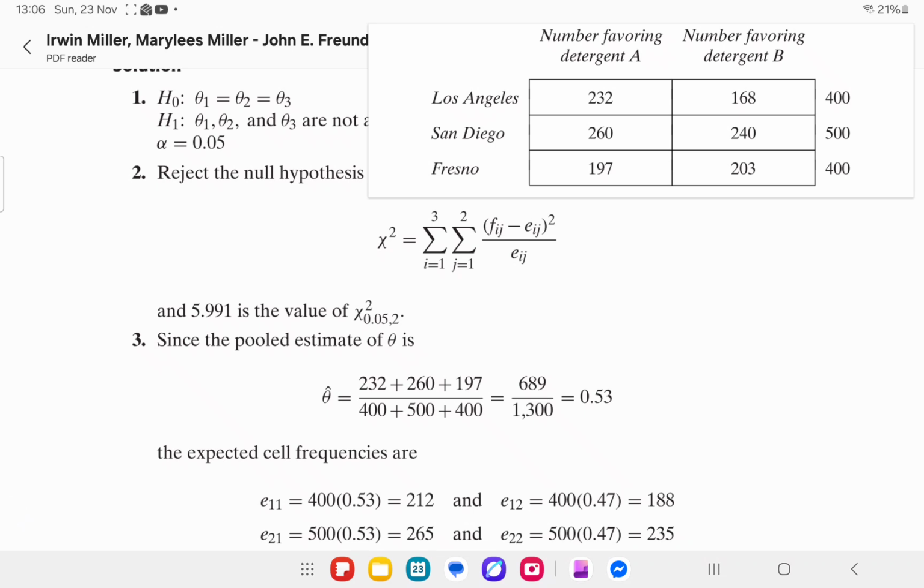Theta hat is basically the proportion concerning detergent A, because our hypothesis is to establish whether detergent A is preferred by the people over B. So we just need to calculate the proportion relating to detergent A. In the first column: 232, 260 and 197.